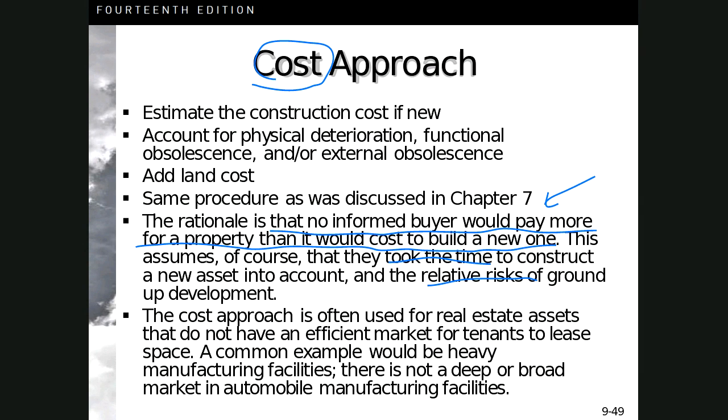The cost approach is often used for real estate assets that do not have an efficient market for tenants to lease space. Okay, so a common example would be a heavy manufacturing facility. There's not a deep or broad market in automobile manufacturing facilities. So if they go ahead and look at a similar facility, they want to use the cost approach, because they want to make sure that they're not paying more than what they would pay if they were constructing a new one.